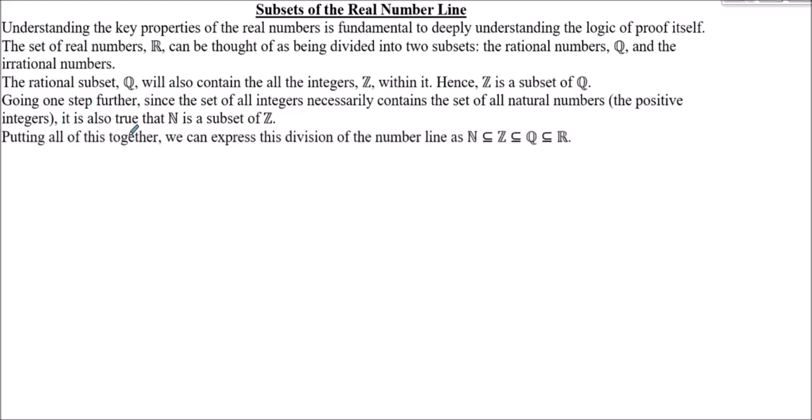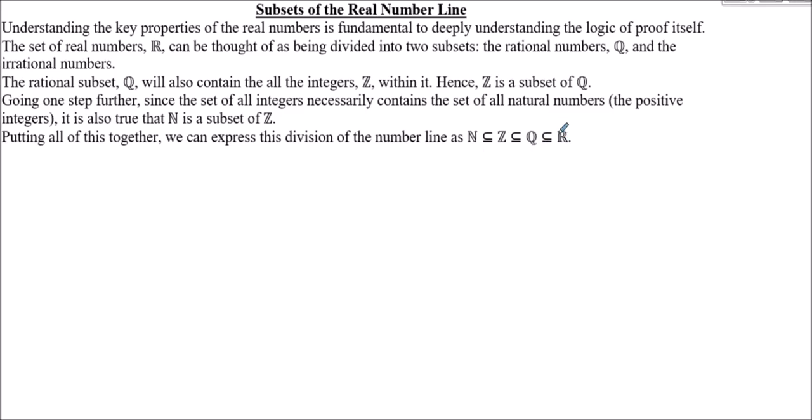So putting all of that together on a number line, we could express the division, or the partition, maybe I should say, of a number line as the natural numbers are a subset of the integers. The integers are a subset of all the rational numbers, and all the rational numbers, again, are a subset of all the real numbers.